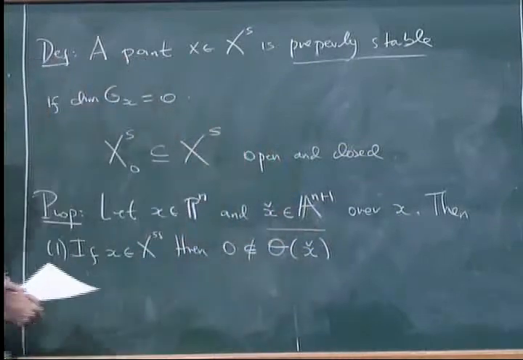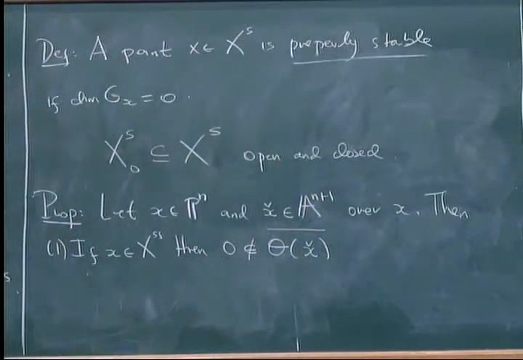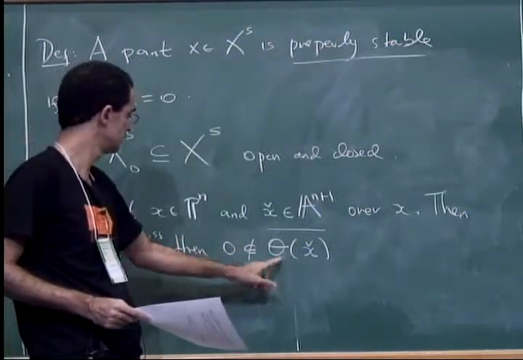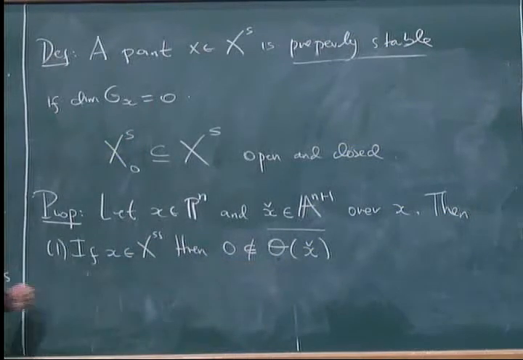So remember, the representation is of G_{n-1}. So there is an action, not just on Pn, but on A^(n+1). So I can consider the orbits of this action. Right? So that's what I'm doing.